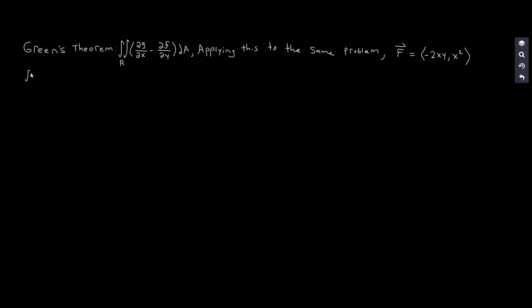So here, f of x and y equals negative 2xy. We just want to see how much easier this is with Green's theorem. So f of x and y is negative 2 times x times y, and g of x and y equals x squared.